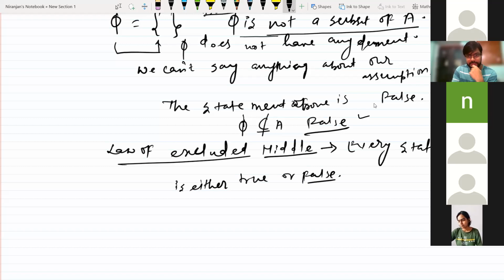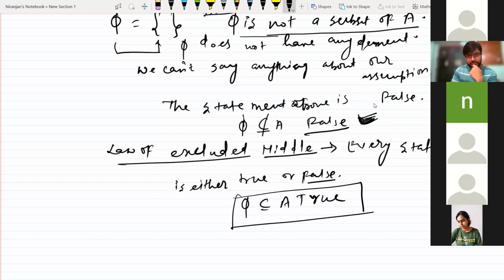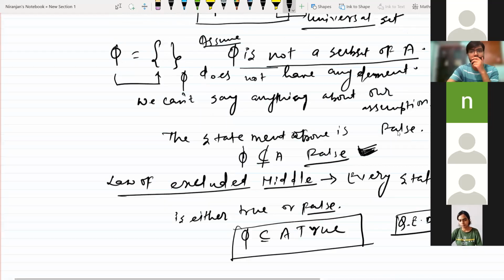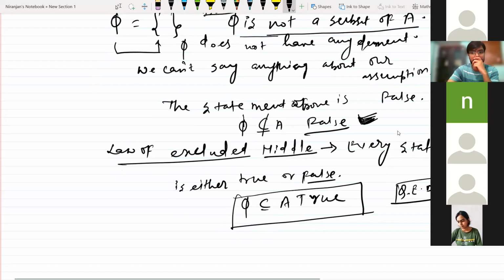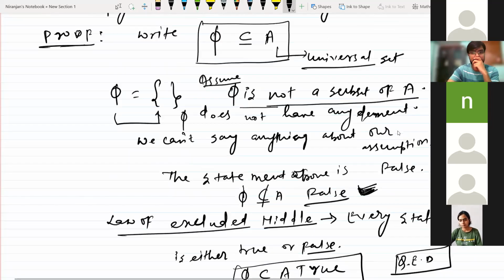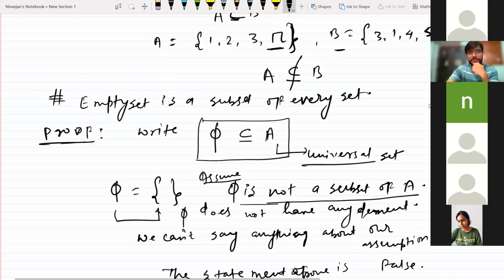So if this is false, then the other must be true. This way you prove this one. Any questions on this? I proved that the empty set is a subset of every set.